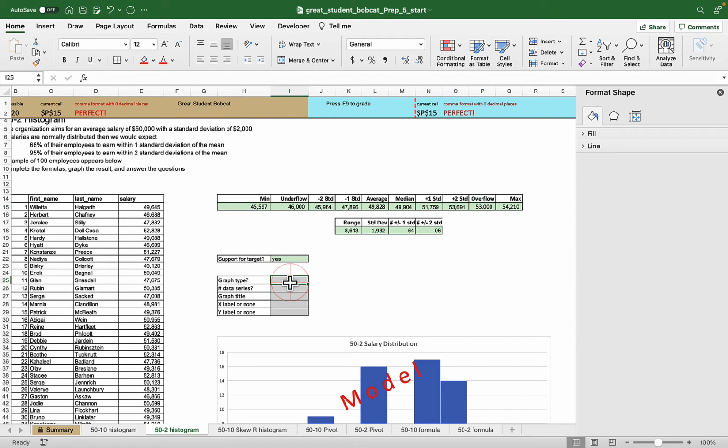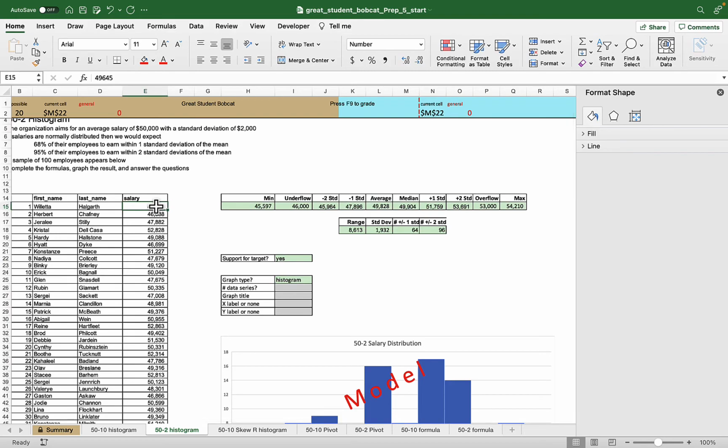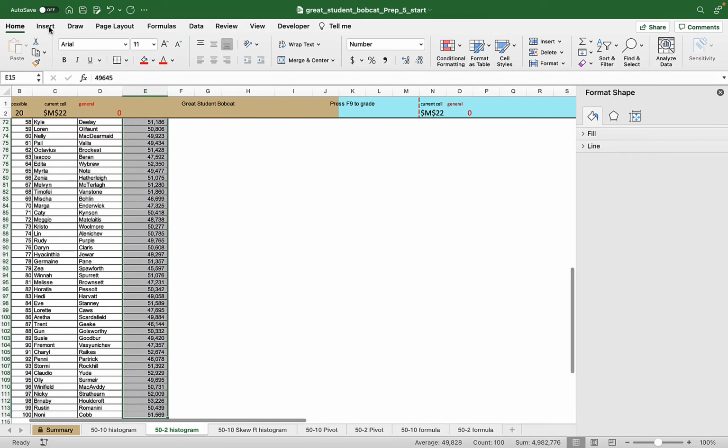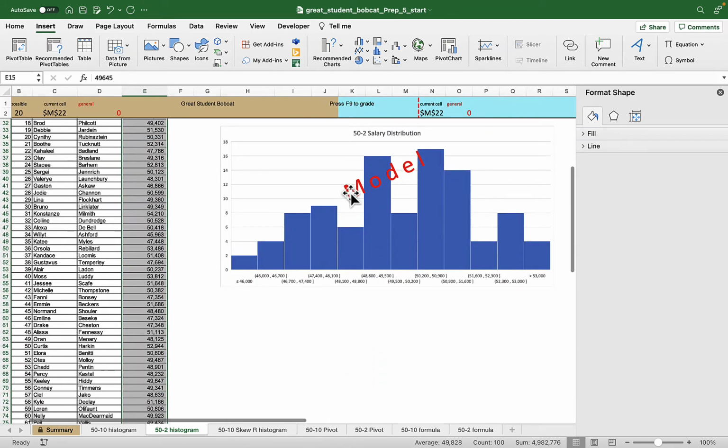All right, so the graph type again is a histogram. Oh, well, actually we should make the graph first, but it will be histogram. So let's make this graph. Highlight the data series, insert, and the recommended chart.